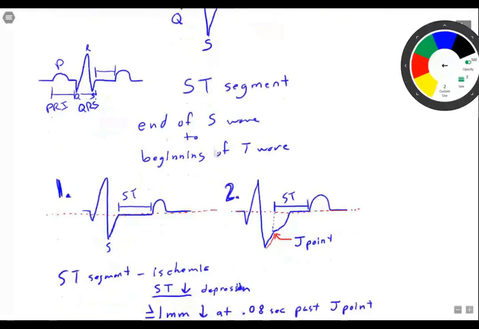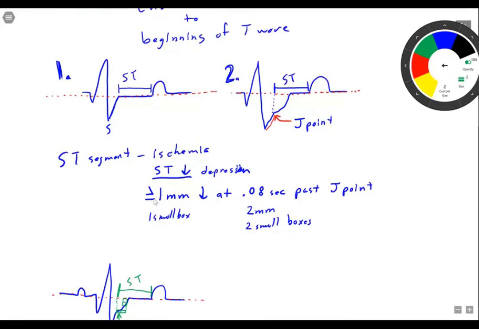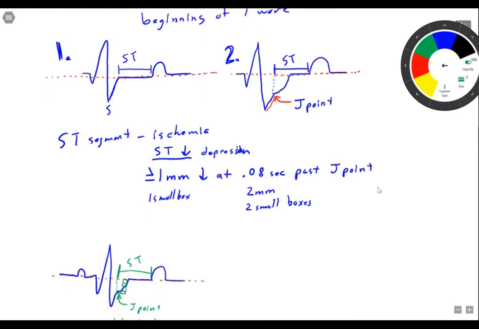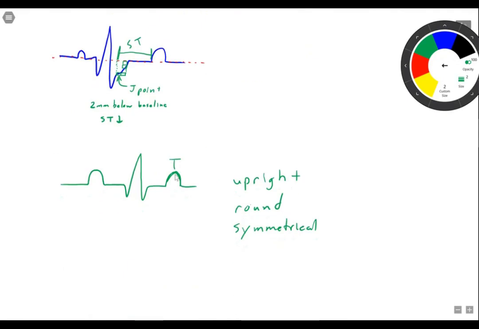And then the ST segment should come back up to baseline. If it's more than or equal to 1 millimeter below baseline at 0.08 seconds past the J point, then you have significant ST depression. The T wave itself should be relatively round, symmetrical, and upright in a typical ECG. So that does it for this video.